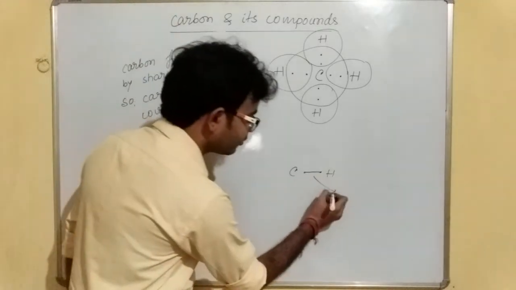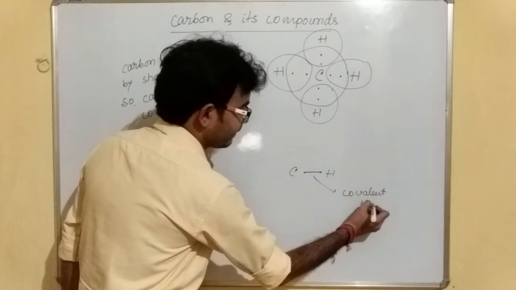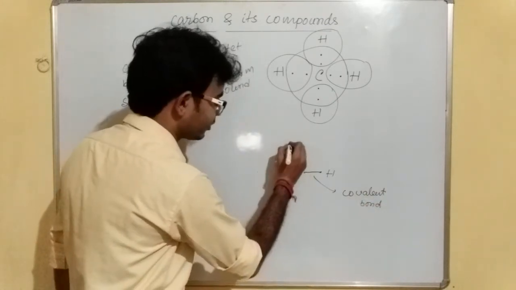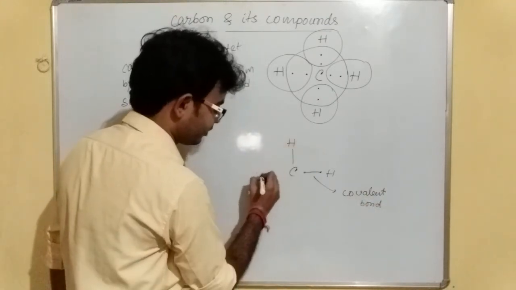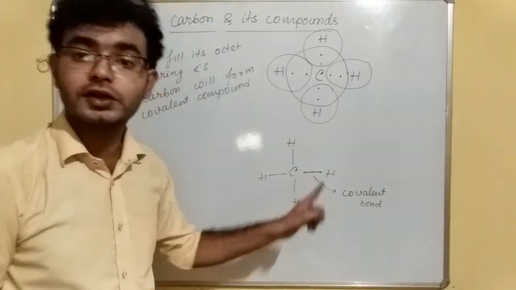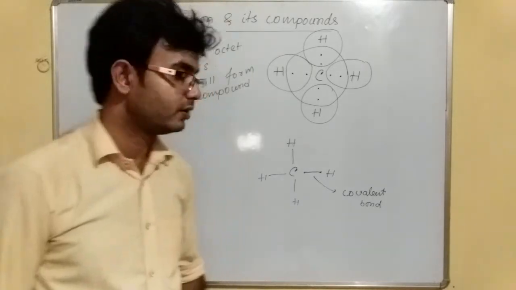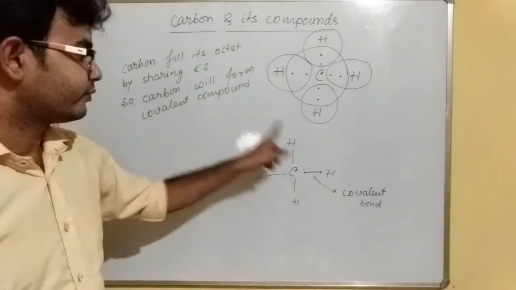This bond is called a covalent bond. Remember this one, very important. Carbon will form 4 covalent bonds. Carbon can form 4 covalent bonds, and thus it will fill its octet.